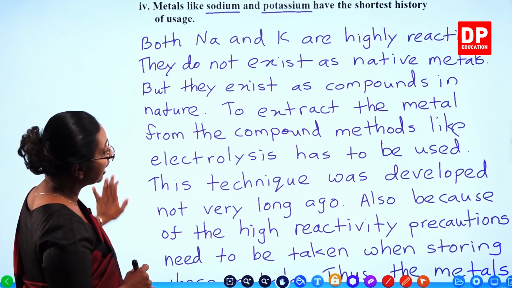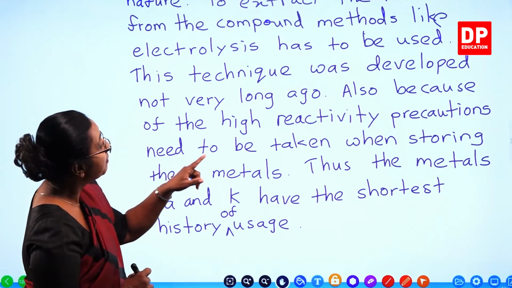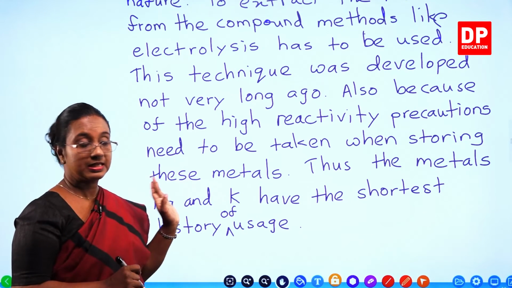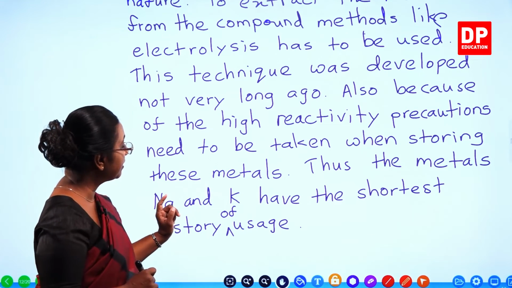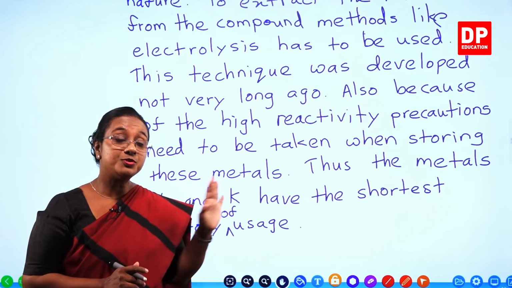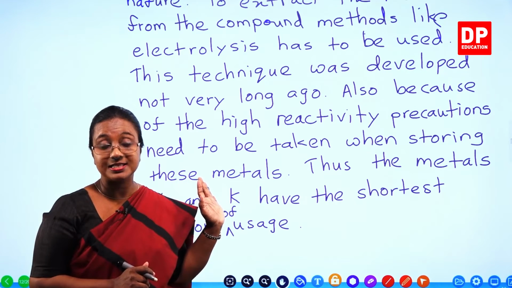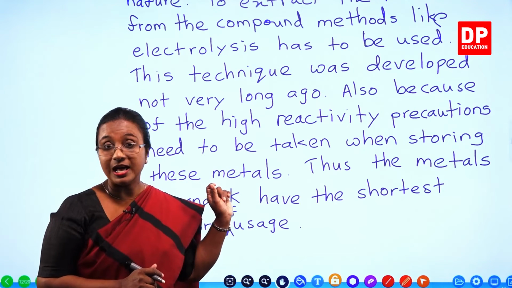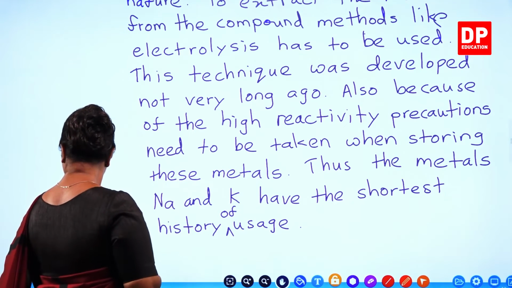Also, because of the high reactivity, precautions need to be taken when storing these metals. Thus, the metals sodium and potassium have the shortest history of usage. So, I am sure you were able to explain this scientifically. With that, I will move on to the last part of this question.